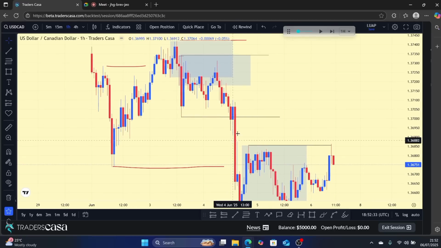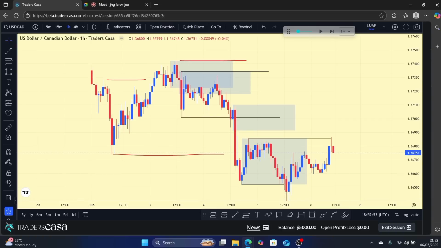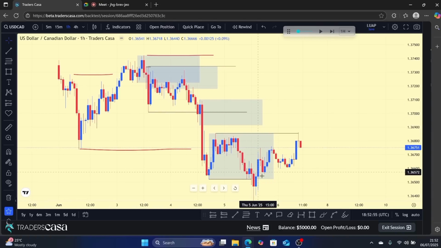Right here, I'm actually seeing another valid pullback. So right here, price closed there, opened there, went down, and then up, took out the high of that candle. So this one here, even though it's one candle, is an order flow. So yeah, exactly right there, that's an order flow. And now the last order flow is the one that I marked while I was identifying the inducement.